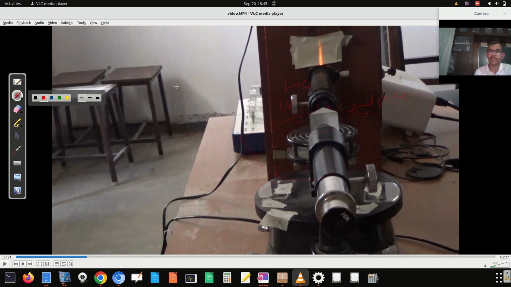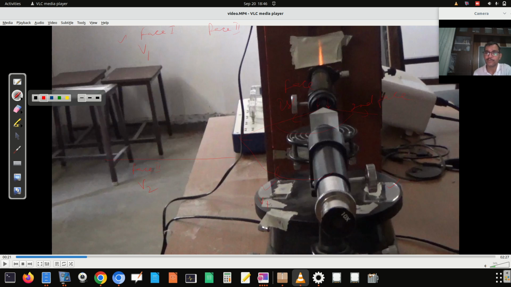That means for the Vernier V1 we will take a reading for phase 1, and similarly phase 2. First of all we brought the telescope here, and after that we will take this reading, and similarly we can also take the reading of phase 1 for Vernier V2 from here.